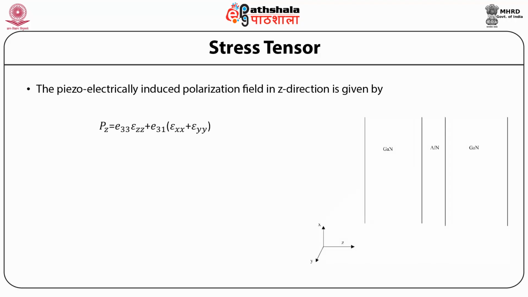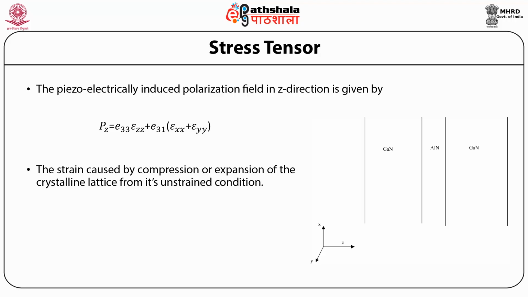The piezoelectrically induced polarization field in the z direction is given by Pz equal to E33 epsilon zz plus E31 times epsilon xx plus epsilon yy.